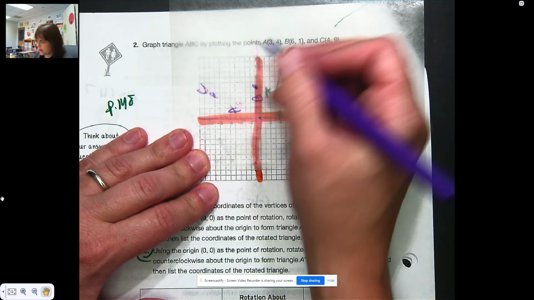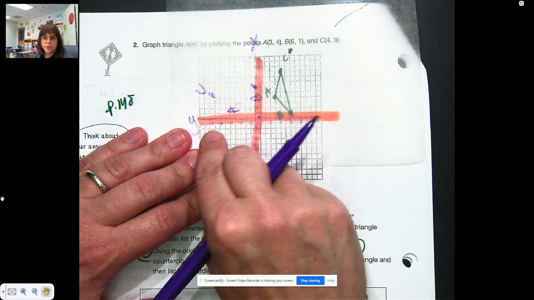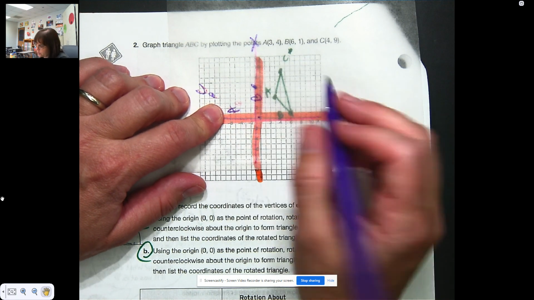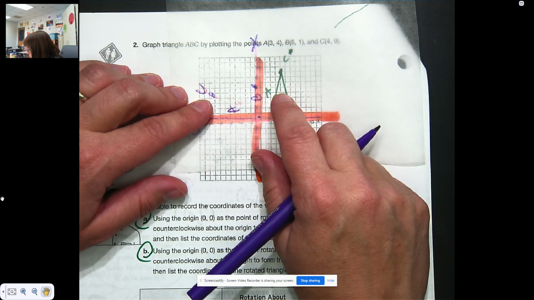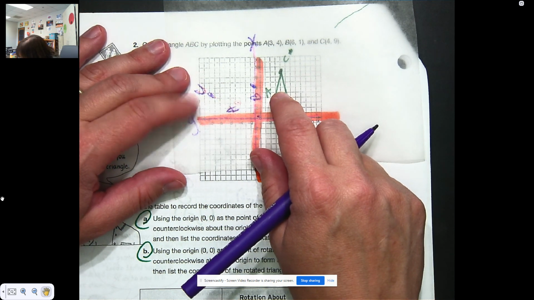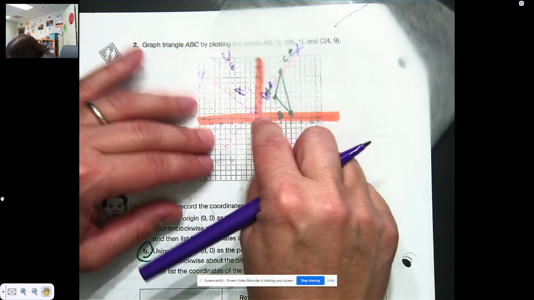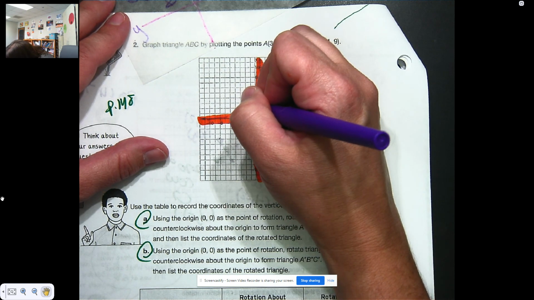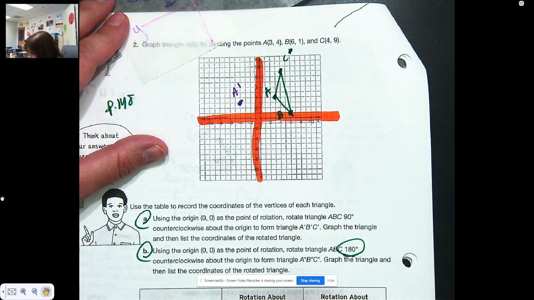You can see y and x trade places again. Y goes from being positive to those negative numbers. You see that? So I'm going to lift my paper and write my point. So A goes from being 3, 4 to being negative 4, positive 3. Okay, so here's my A. And if I make that one turn to the left, that's what that looks like. So negative 4, positive 3. Put your dot, and I'm going to write that at the bottom.